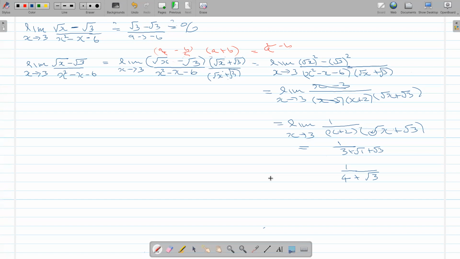Okay. 5, I actually made a mistake here. I should have written square root x and square root 3. Okay, is that where you get 5 or do you use another method? If you use another method, you can send me in the chat, okay?